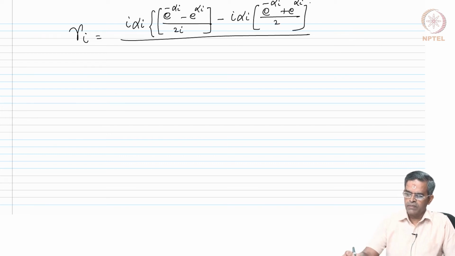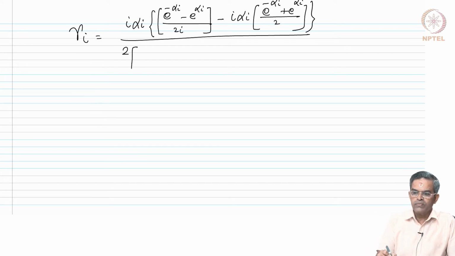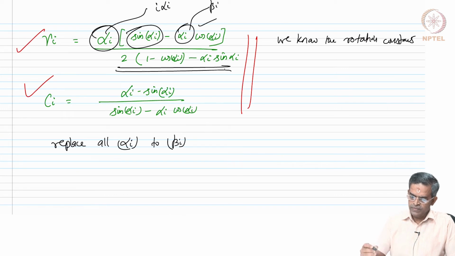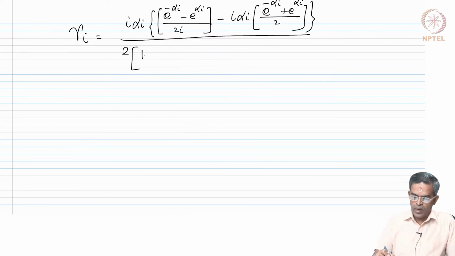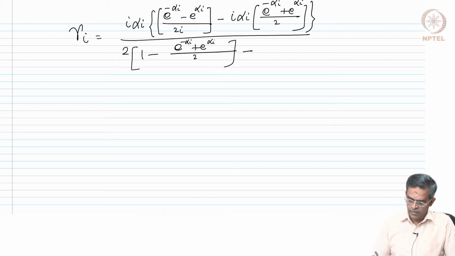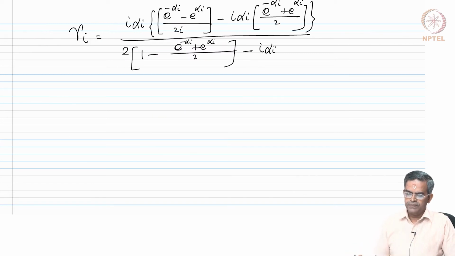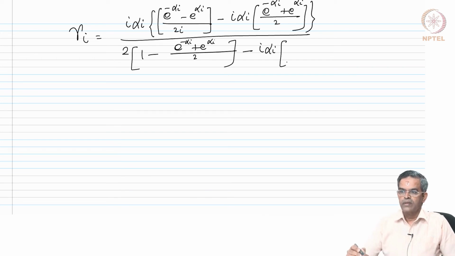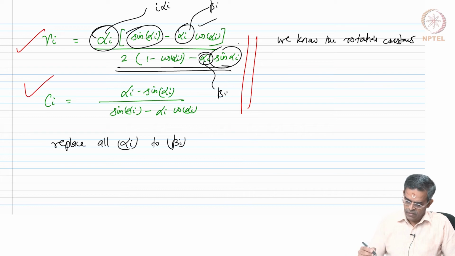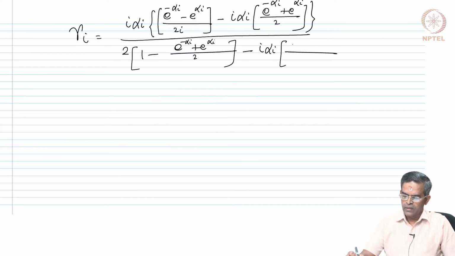Let me close this bracket, divided by twice of this: twice of 1 minus (e to the power of minus alpha I plus e to the power of alpha I) by 2 minus, see, this is again beta I, which I say is I alpha I, of sine, I have the value which is (e to the power of minus alpha I minus e to the alpha I) by 2I.